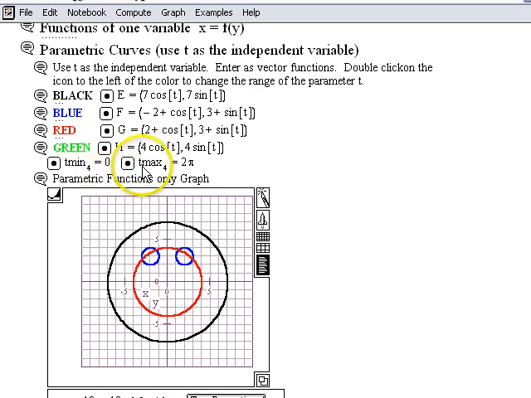But that's too big a circle. So let's shrink it down some. And let's slide it down. So let's shift it down here.